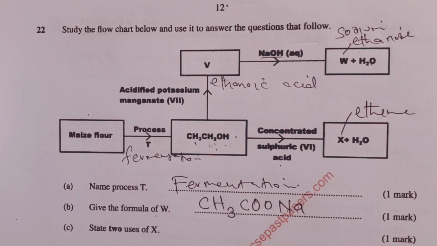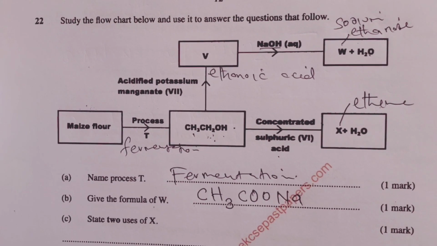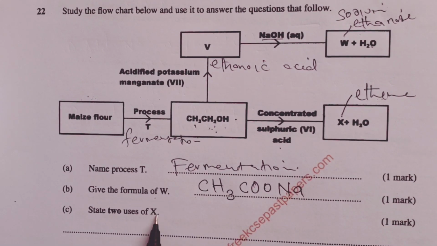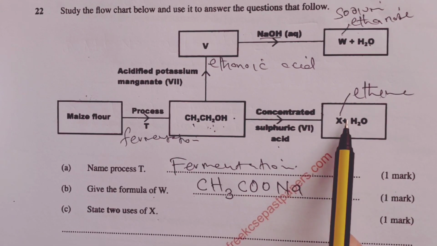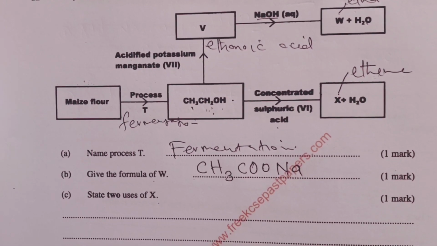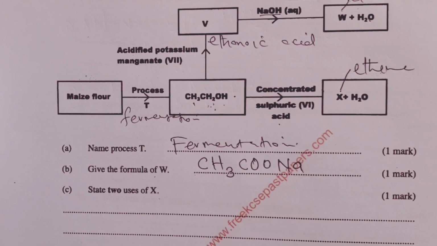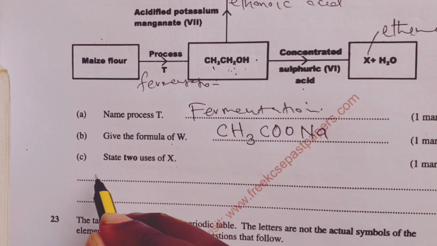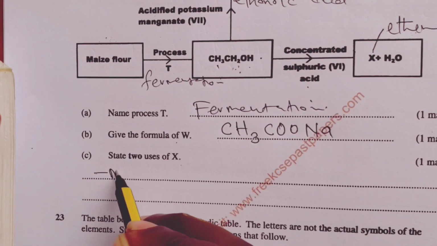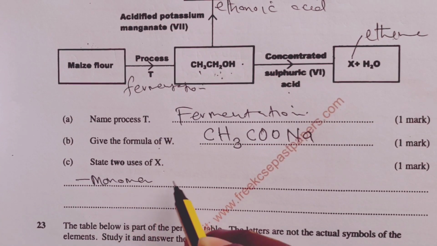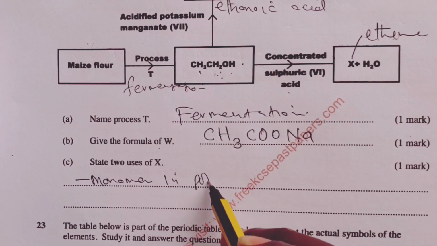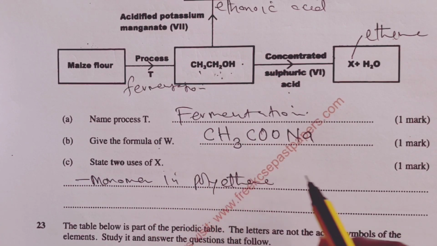And then finally, we are asked to give 2 uses of X. X is ethene, and ethene has so many uses, which may include monomer in polyethylene production.